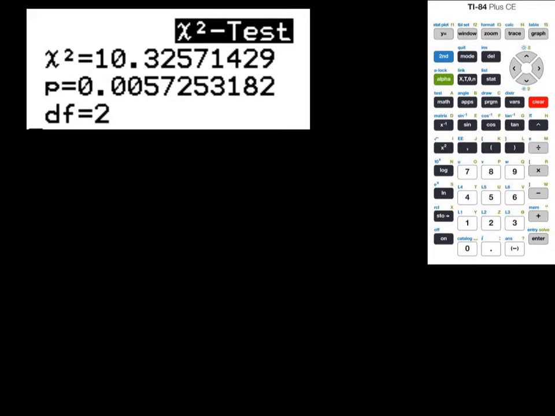Part E then says determine, giving a reason, whether the null hypothesis should be accepted. Well, in the question we have been given a critical value, so we know that the critical value is 9.21, and we're also told that we're testing at the 1% significance level.